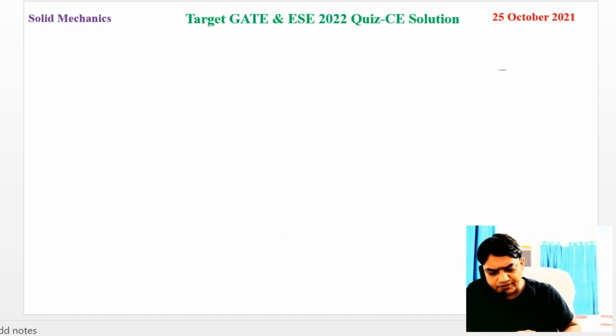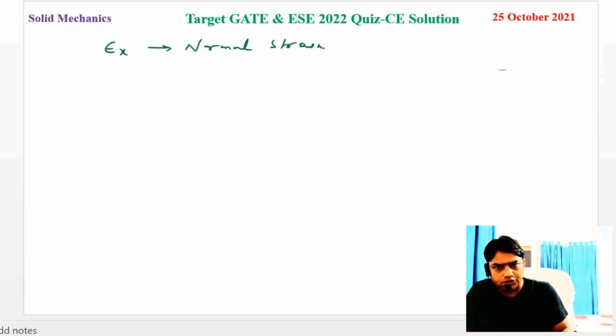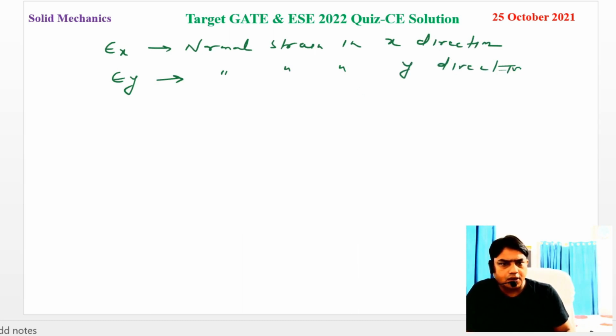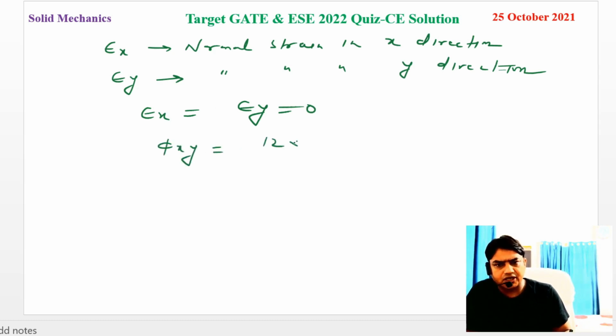Let us assume epsilon x is the normal strain in x direction, and epsilon y is the normal strain in y direction. These two values are equal to 0, and the shear strain is given, that is 12 into 10 to the power minus 6.